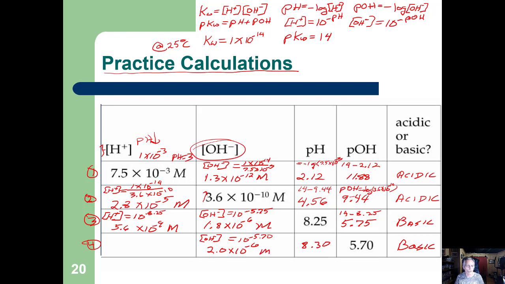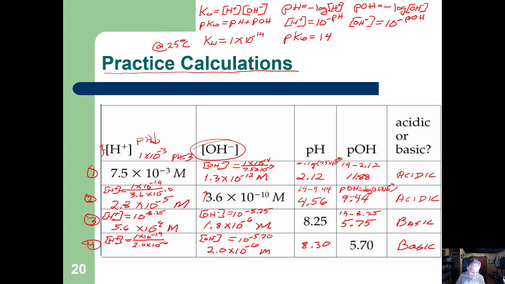I'll go back to Old Faithful and say the hydrogen ion concentration is equal to Kw, 1 times 10 to the minus 14, divided by the hydroxide ion concentration, 2.0 times 10 to the minus 6.